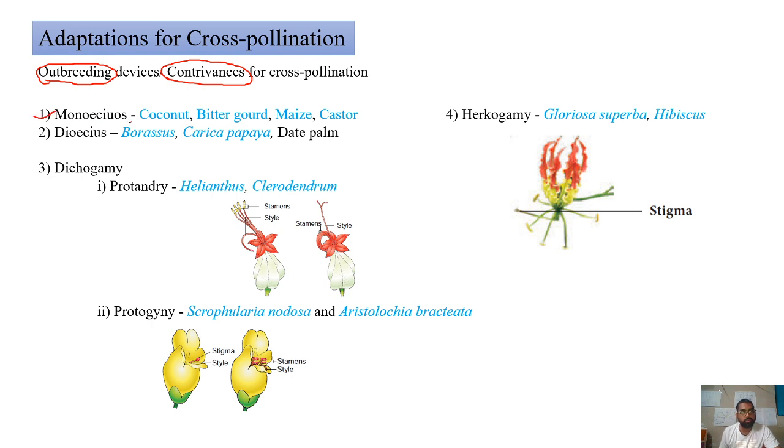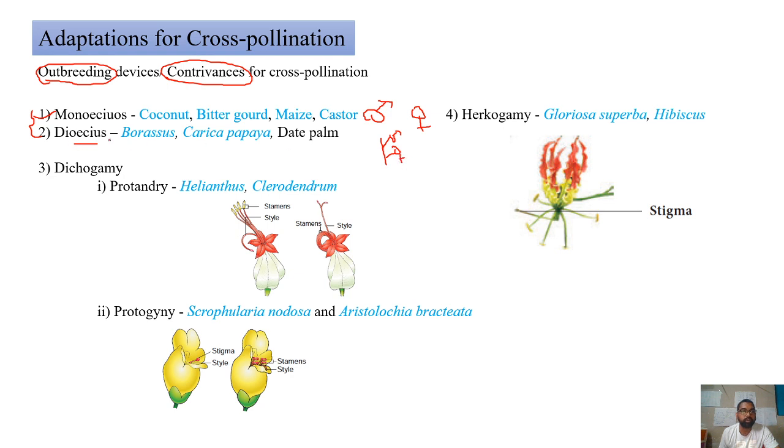First one is monoecious and dioecious conditions. In both cases, the flowers are unisexual. In the case of monoecious, the plant possesses male flowers and female flowers.